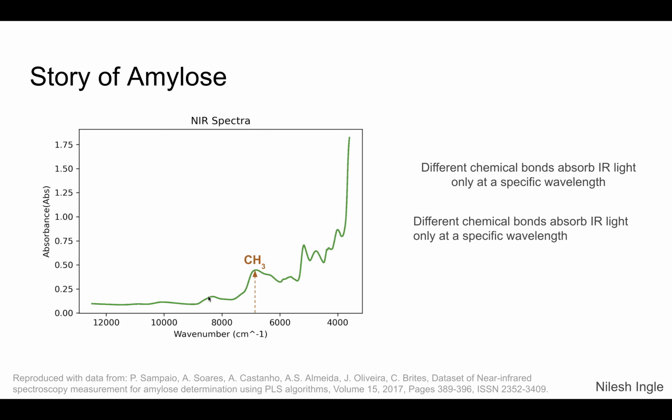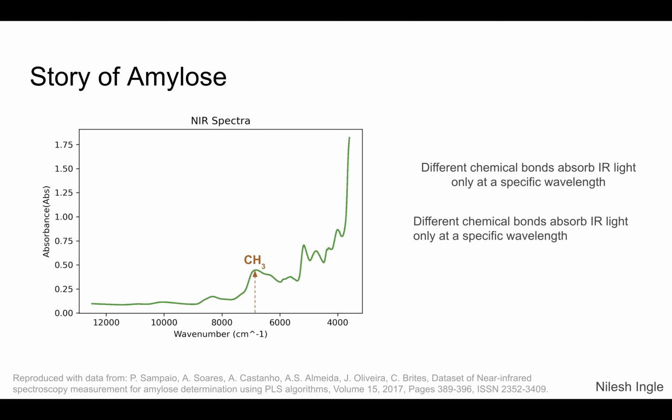As you can see, these peaks may correspond to a specific bond, such as a carbon-hydrogen bond, etc. That can be referenced to a standard table, and that can tell us what these are, and that helps explain the content of the rice grain.